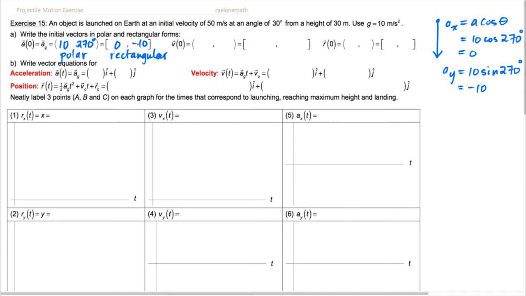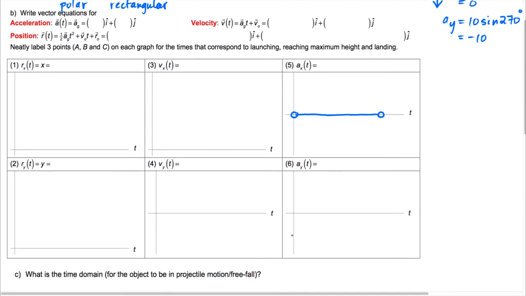Now, the acceleration is constant. Both the x component and the y component are constants, so their graphs will be horizontal lines. In fact, we can draw those graphs straight away. We will draw them with horizontal lines with a domain restriction, and we'll work out that domain restriction in a moment. The reason we have a domain restriction is because, recall, these are equations for only gravity acting on the object.